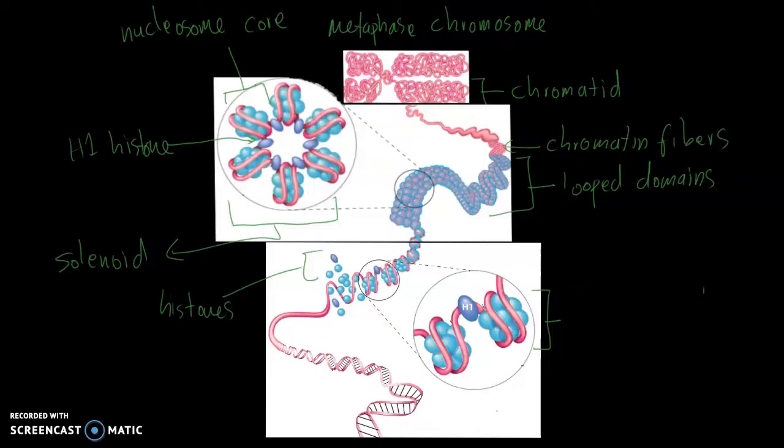This complex is a combination of H2A, H2B, H3, and H4 histone proteins. So there are 2 of each, and we refer to them collectively as a histone octamer.